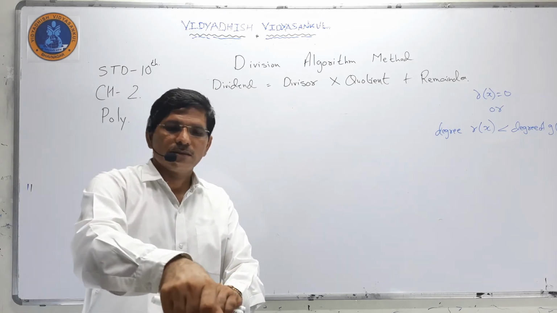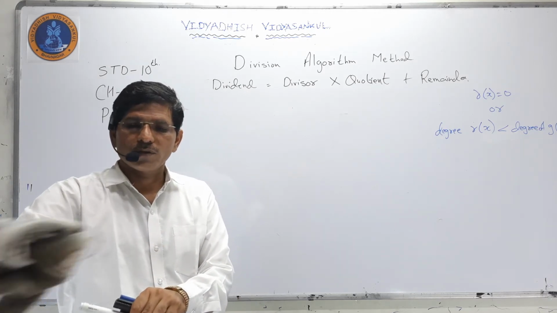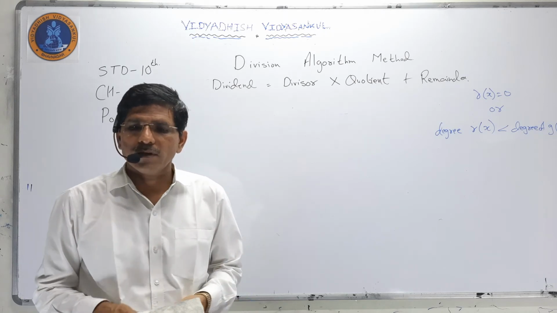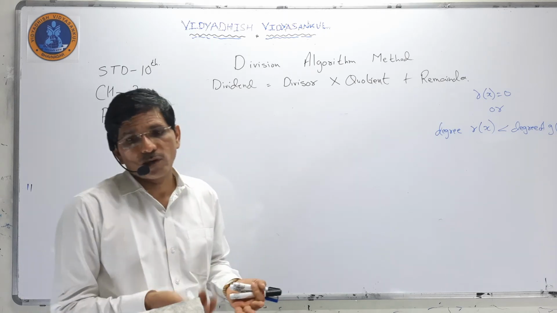So the question is, if 2 zeros are given, find all zeros. When power is 4, we know that it has 4 zeros.